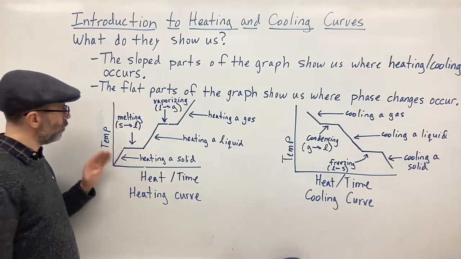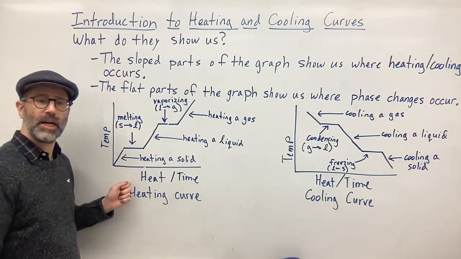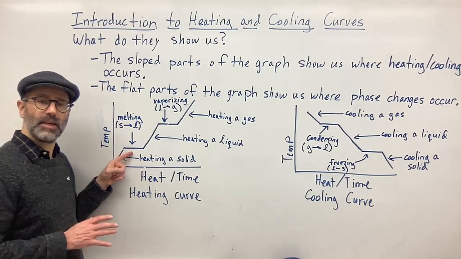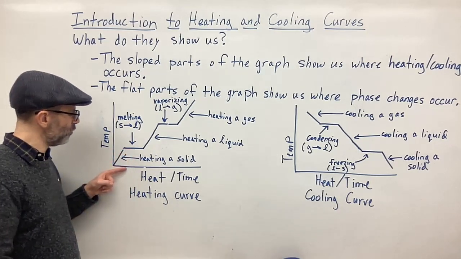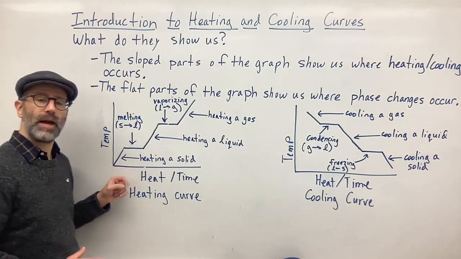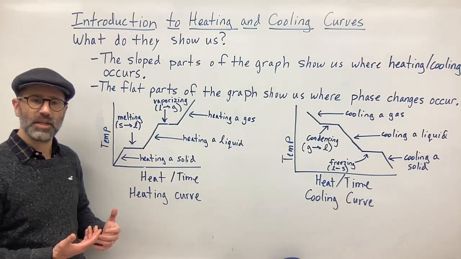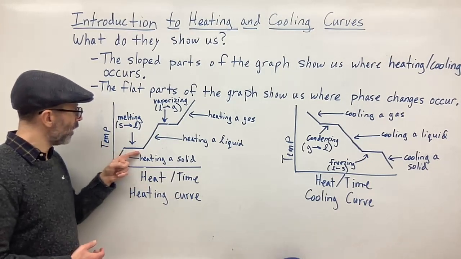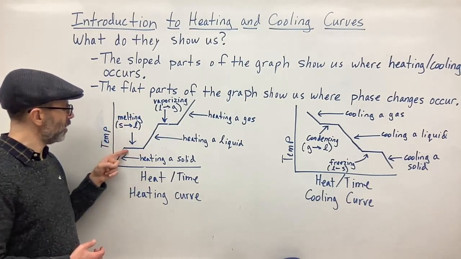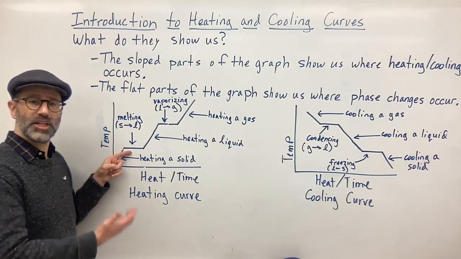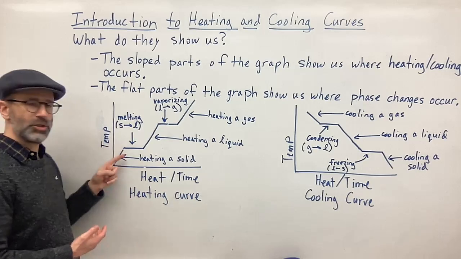The important point to notice is that we haven't stopped adding heat. We're continuing to add heat, but even though we're adding heat, the temperature is not going up. We'll talk about why that is in a moment, but at this point, we have melting occurring. So here, the solid starts to melt, and I'm putting energy into the system, but there's no temperature change.